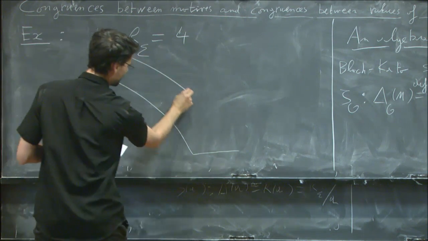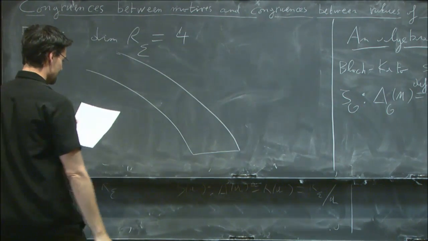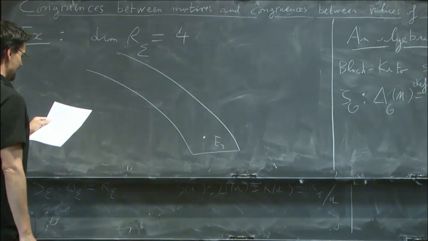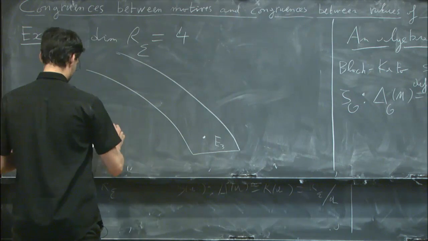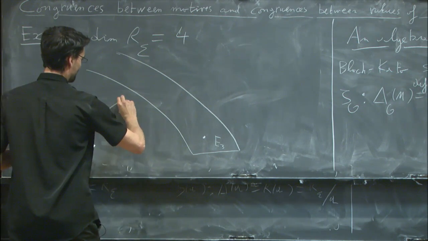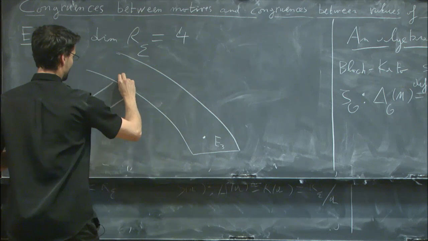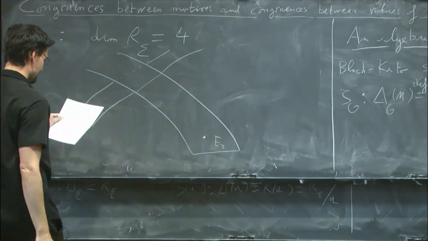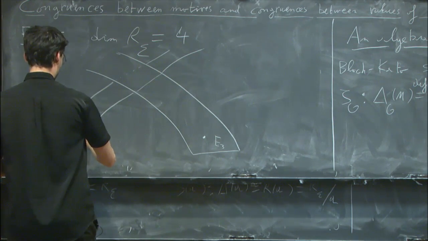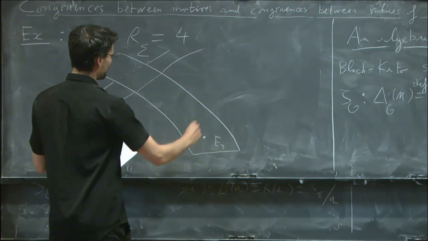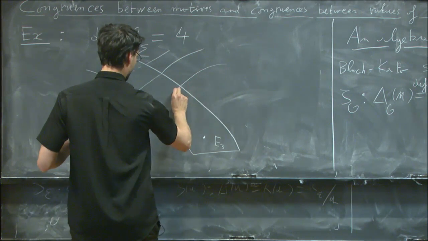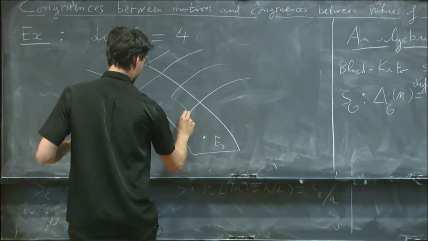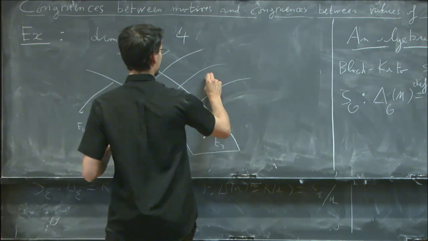We get an irreducible component like this, and this one has a point which is E3. And another irreducible component like this, which has E4 as a point somewhere, and there's a third component and this one has F on it.